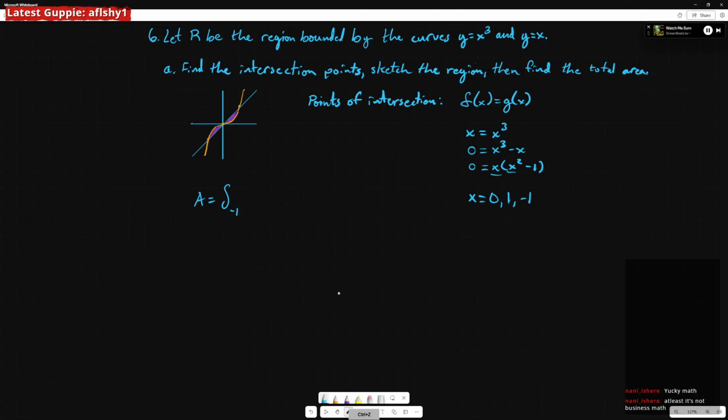Actually, no, I want to set this up differently. We want the area from 0 to 1, right? Because the area of a function is the larger function minus the smaller function. And that's our area as an integral.